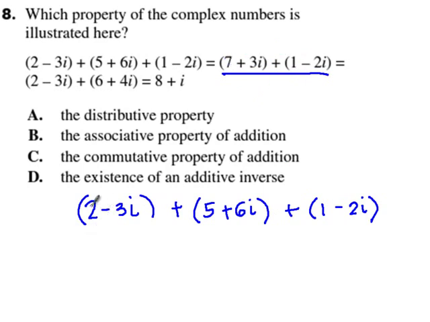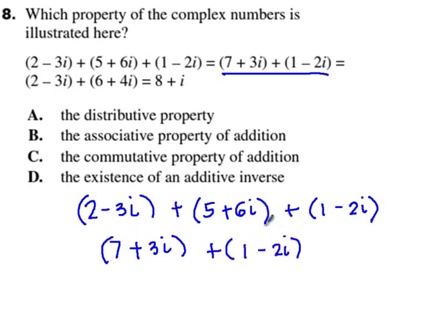Notice that I can add the real parts of these complex numbers. So 2 plus 5, I have 7. Then we add the corresponding imaginary parts. So negative 3i plus positive 6i gives us positive 3i. Plus the last addend, 1 minus 2i.